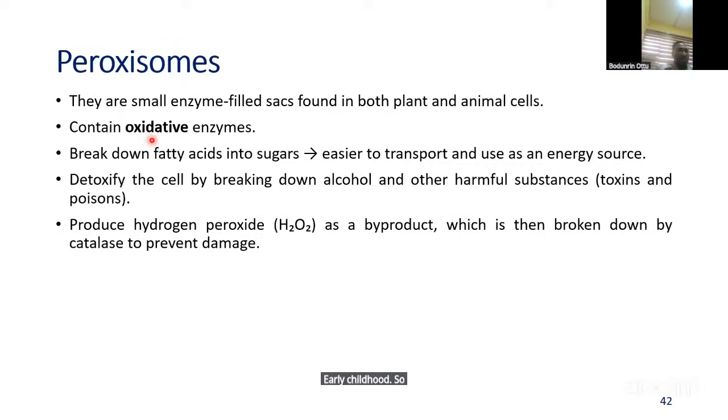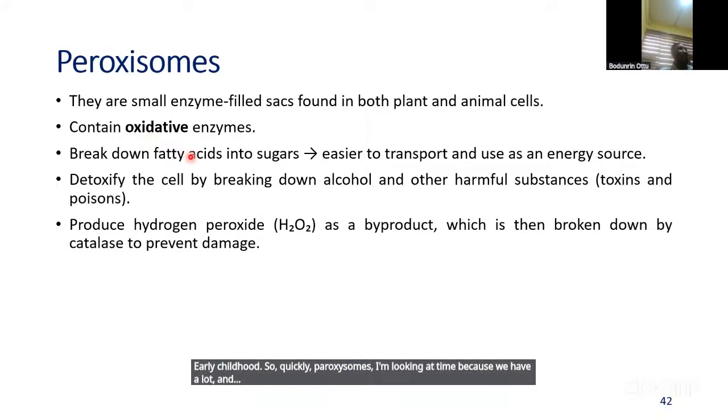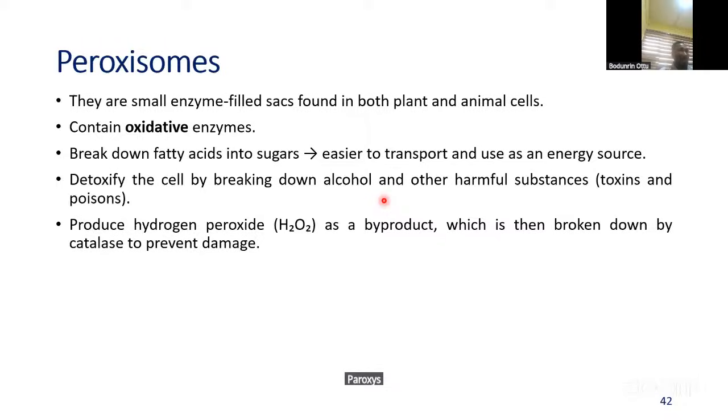So quickly, peroxisomes. I'm looking at time because we have a lot that I want to discuss. Peroxisomes are small enzyme-filled sacs found in both plant and animal cells.